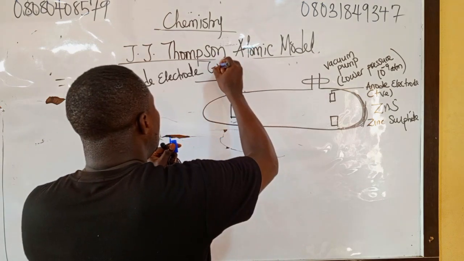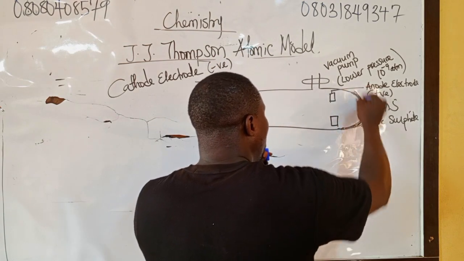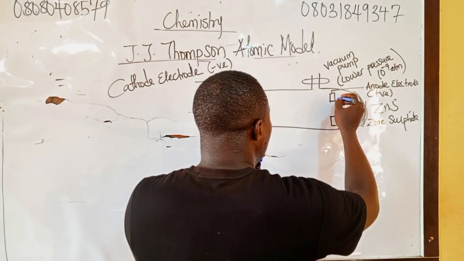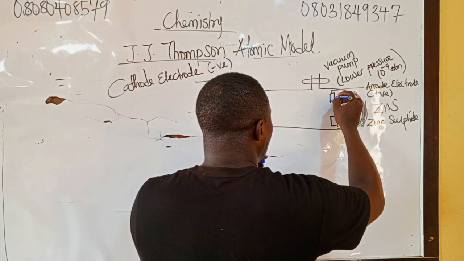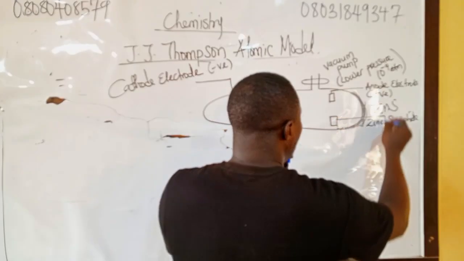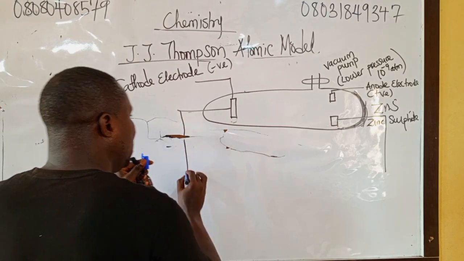Cathode electrode, negative electrode. This is a screen which is made of zinc sulfide. Take note of that. Then both the anode and the cathode electrode are connected to a source of electricity.